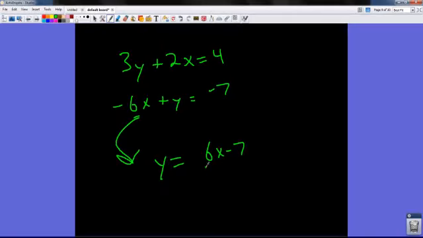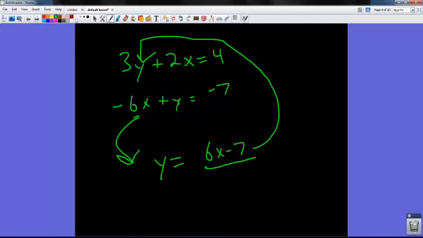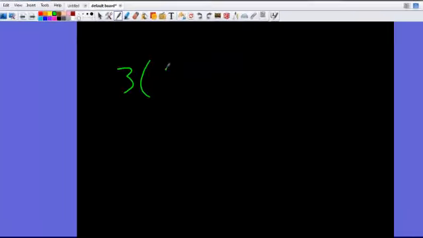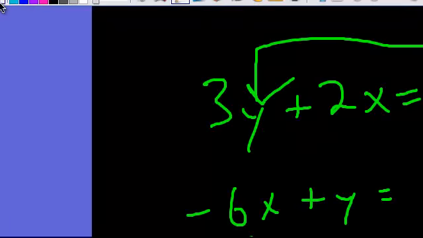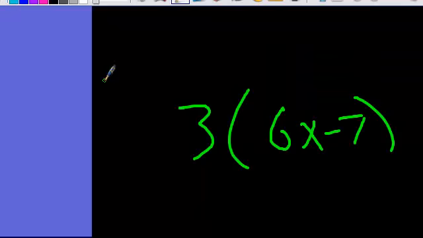Now, I take this part here, I go up top here, and I plug it in. So 3y means 3 times y. Y is 6x minus 7. And then plus 2x equals 4.